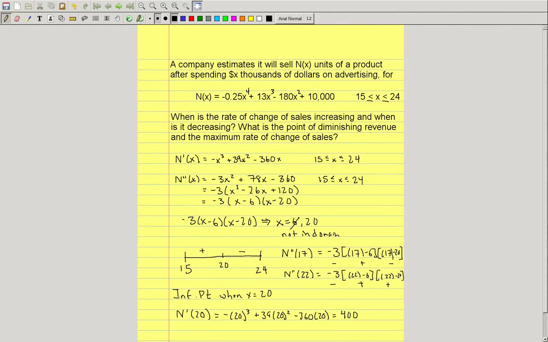So the maximum rate of change of our sales is 400 new customers per $1,000 advertising spent. And we see from our sign chart that the rate of change of sales is increasing in the region from $15,000 to $20,000 spent on advertising, and decreasing in the region of $20,000 to $24,000 spent on advertising.